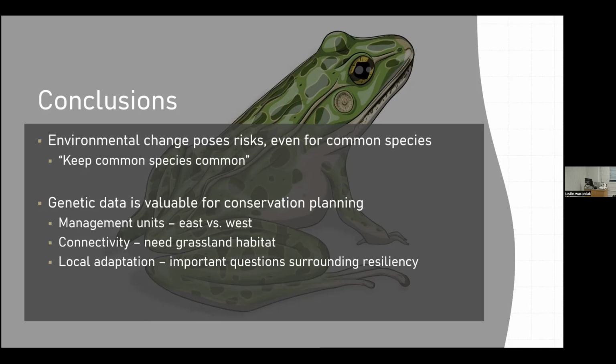And then finally, in terms of local adaptation, we have some interesting questions. What types of adaptations are going to be helpful for climate in the future? And since these frogs are adapted to pesticides, are those adaptations really going to help them enough to keep those populations viable?